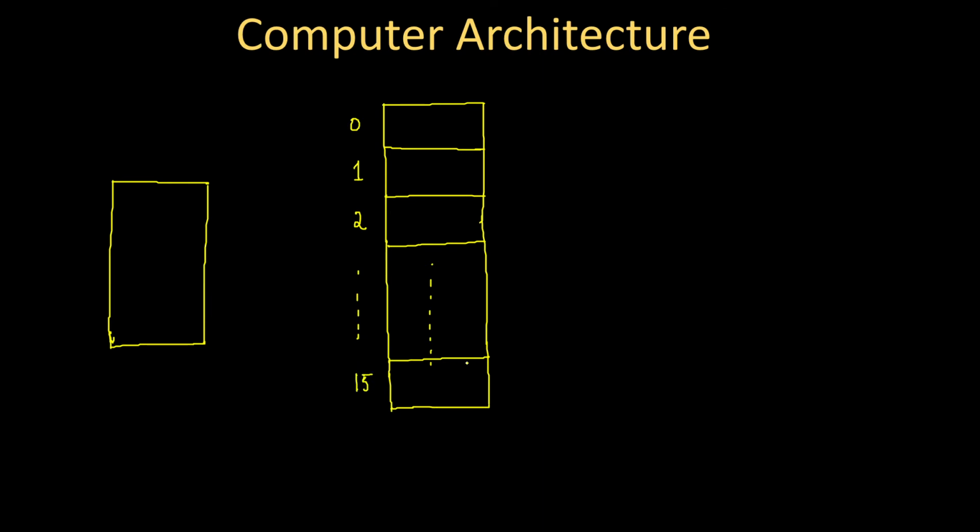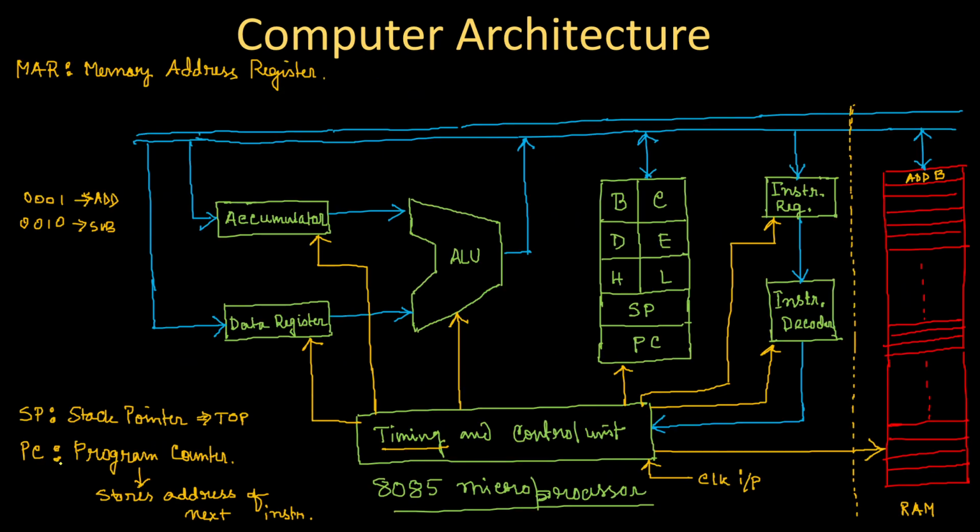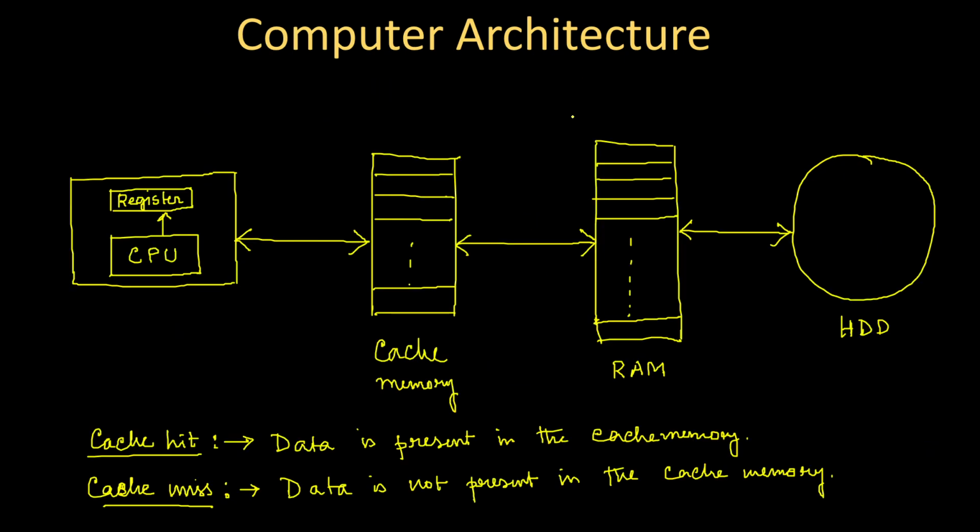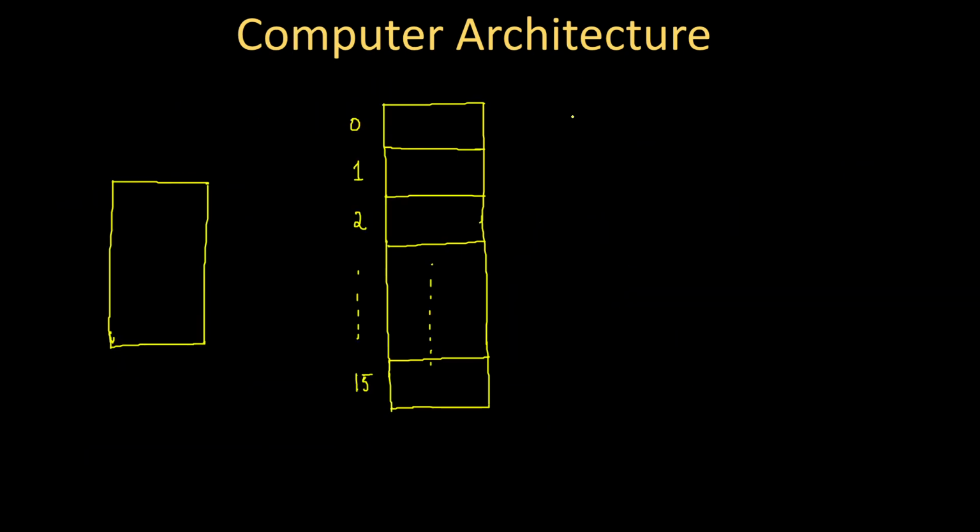Why am I saying this? To support this claim, let us take the address bus that we have discussed in this particular architecture. Suppose this address bus in my system is of 6 bit. That means my address line is of 6 bit.